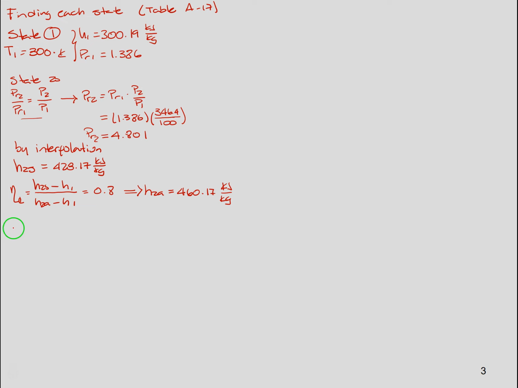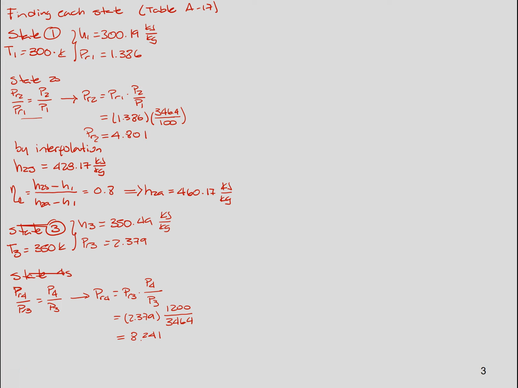Repeating this for state 3, we know that temperature 3 is 350 K, so H3 equals 350.49 kilojoules per kilogram, and PR3 is 2.37, no units, remember. So now we're going to find out state 4S, and to do that, again, we'll start with our isentropic relation.